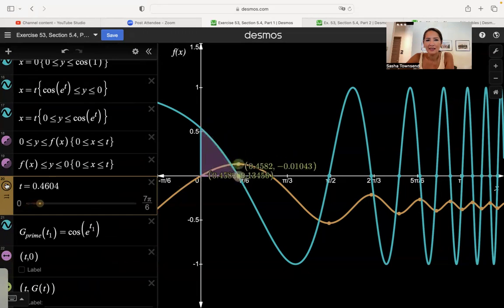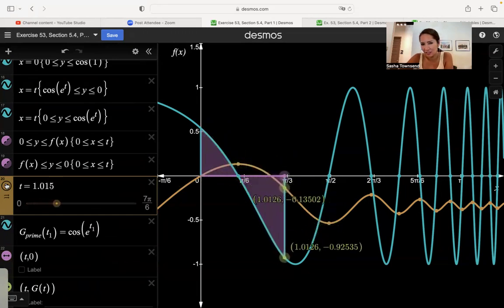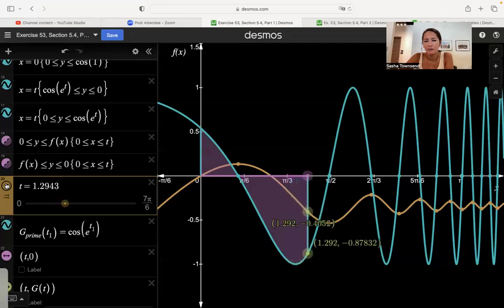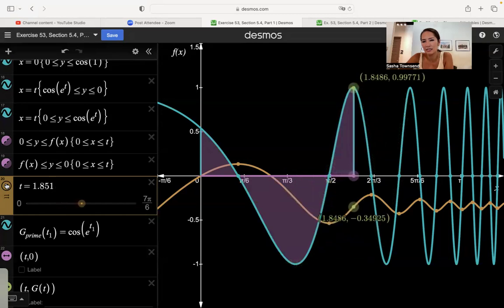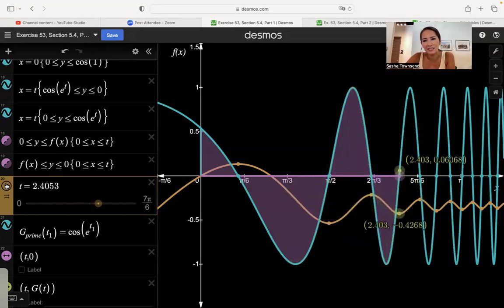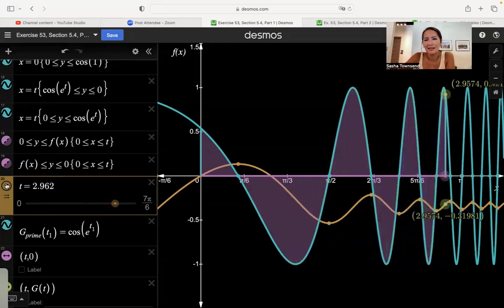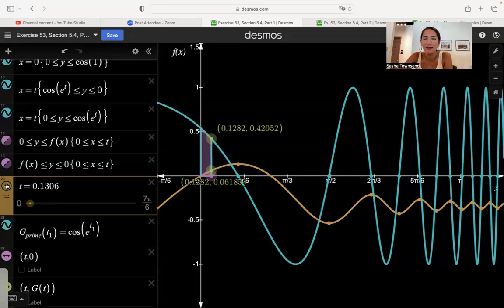So we were adding area, and now we're subtracting area, so the orange function decreases. We're subtracting area, now we start adding area, so the orange function increases. And we start subtracting area, so the orange function decreases. Then we're adding area, subtracting area, adding area, subtracting area, and we see it happen sort of faster.